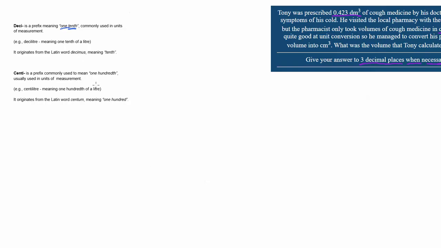And here we've also got centi, which refers commonly to 100th. For the purposes of this question, the main meaning we're relying on for centi is 100th, even though it can sometimes mean 100. In this case, we're relying on the 100th version.